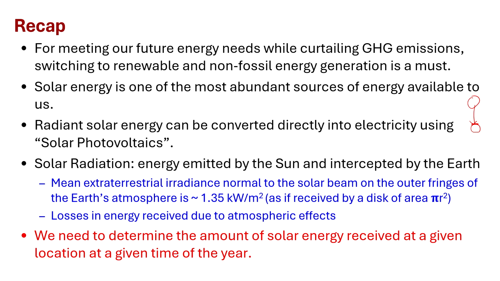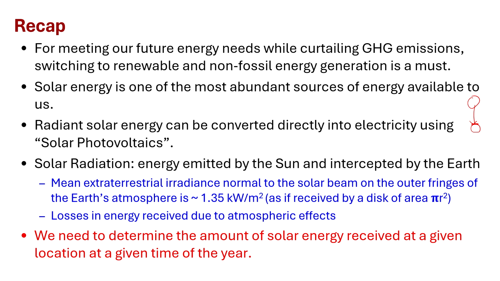Now as the radiation moves from the outer fringes of the atmosphere to the surface, it undergoes a variety of interactions with the atmospheric content, and this results in a significant amount of losses. What we actually get on the surface is dependent upon many of these atmospheric factors.